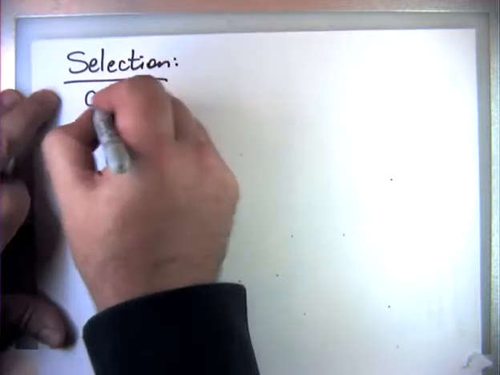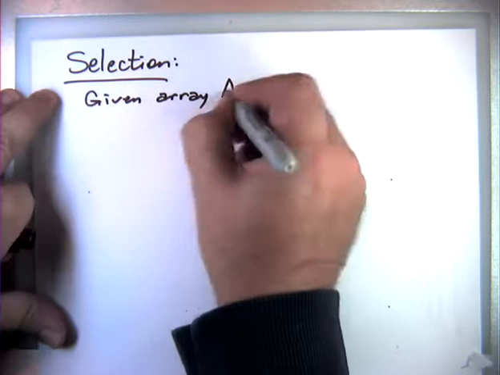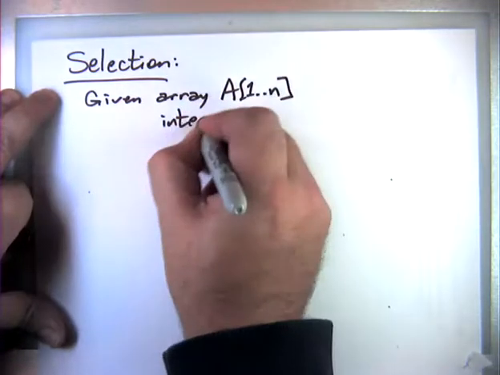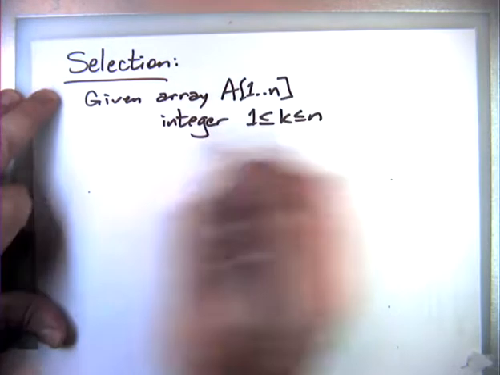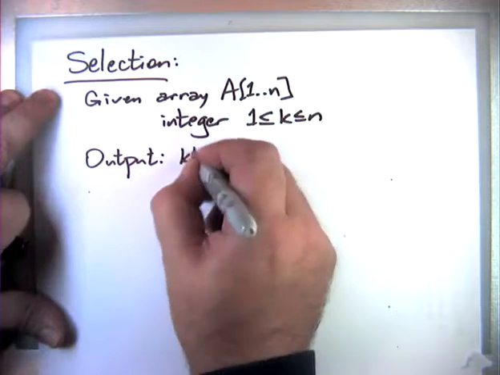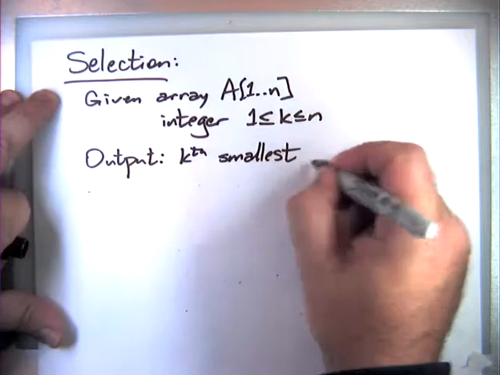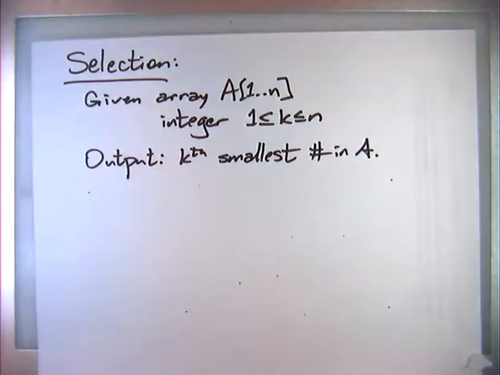The input is an unsorted array, A from 1 to n, and an integer, k, which is somewhere between 1 and n, and the output is the kth smallest number in A. Now, median selection is the special case where k is n over 2.